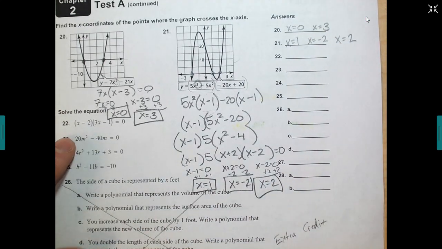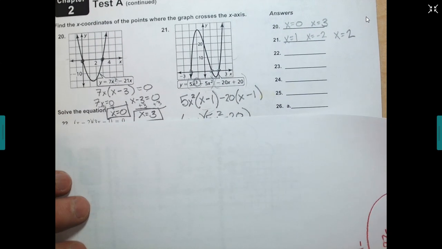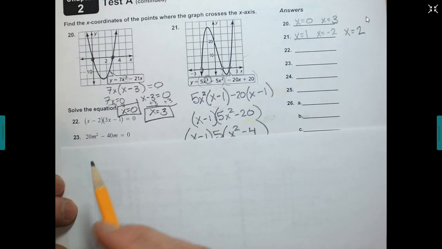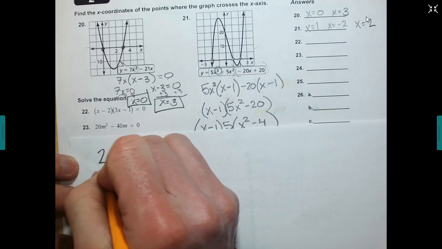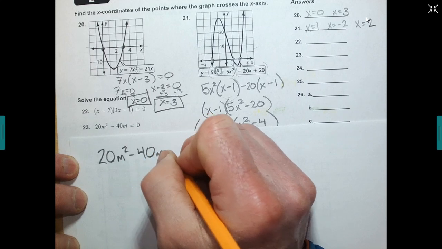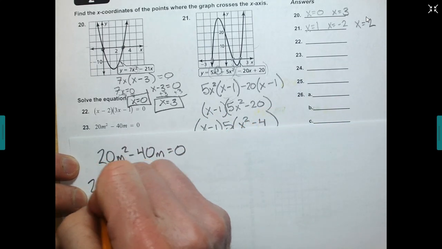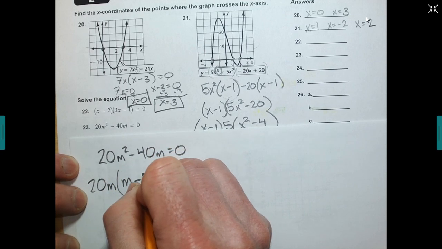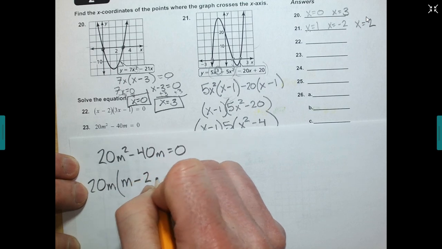All right. These ones we're going to start to do on a different piece of paper. So solve this equation. Oh, nope, I'm not getting tricked into that again. That's an even one. All right, odd. So I have 20m squared, yes, 40m equals 0. So I'm going to factor out 20m. I'm left with m minus 2.